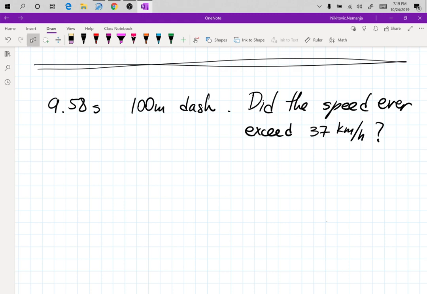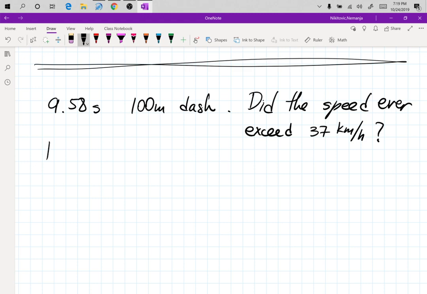There's a 50-50 shot. It's instantaneous because you want to know the instant speed. Did you ever get, even for a split second, to 37? So that's the instantaneous. You can calculate the average from the info you have on the left and see what it says, and if you reach 37 with it.